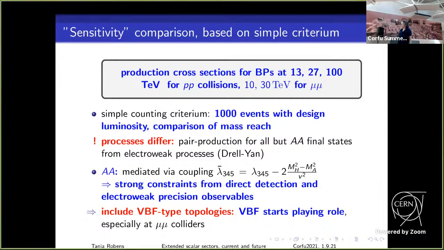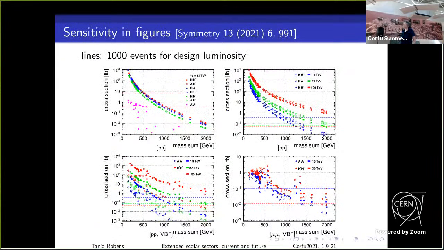You have this lambda 345 and in addition mass differences. And especially this is strongly constrained from direct detection and this from electroweak precision observables. Then you can also include VBF type topologies, which would lead to additional jets or neutrinos depending on the collider. And this in fact starts being important.